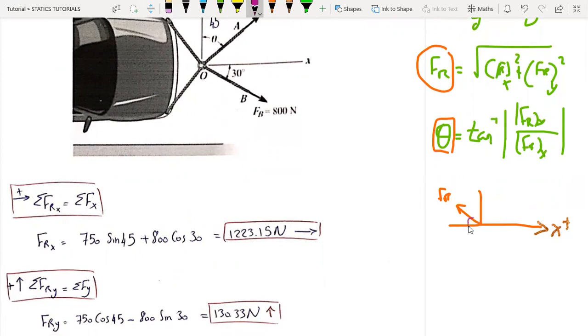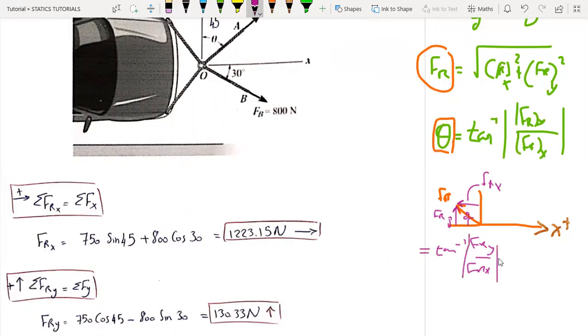Here is FRY, the vertical component, and here is FRX. So theta here will be equal to tan inverse of FRY, taking just the positive values, over FRX.